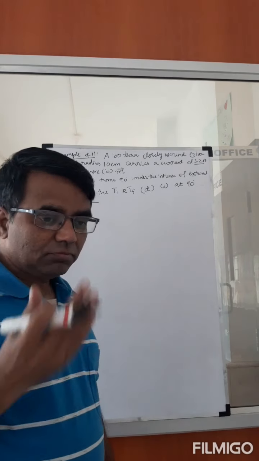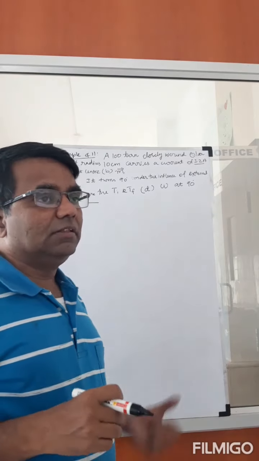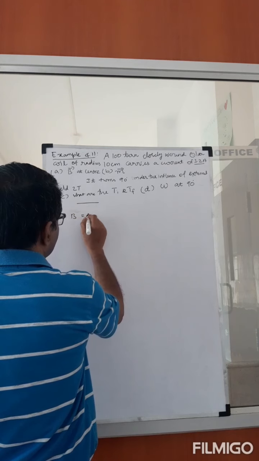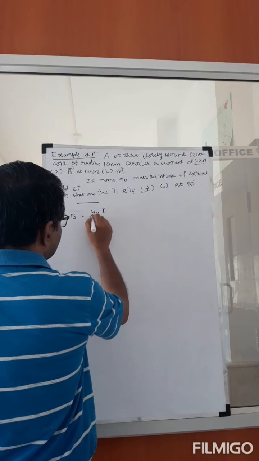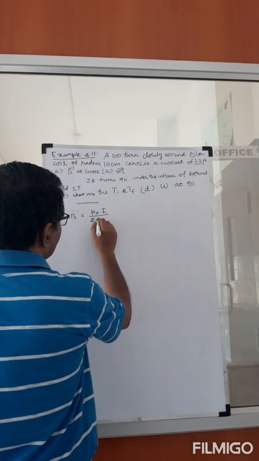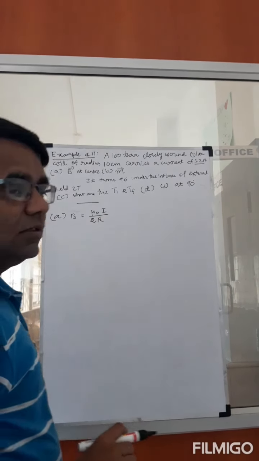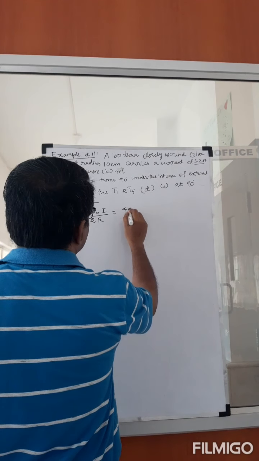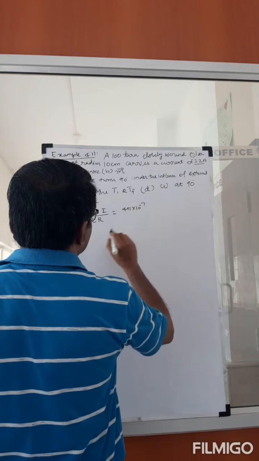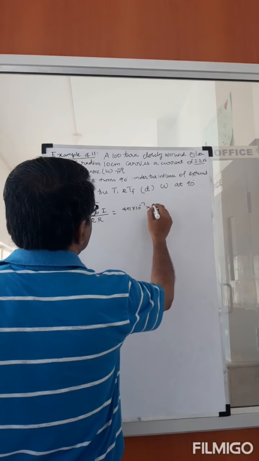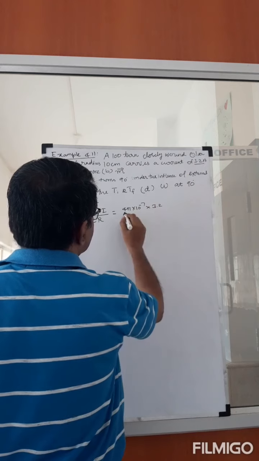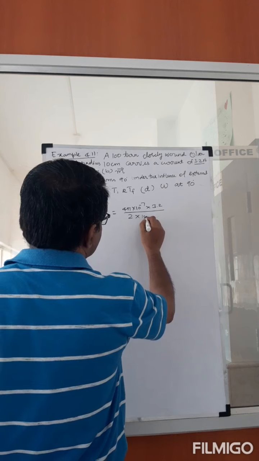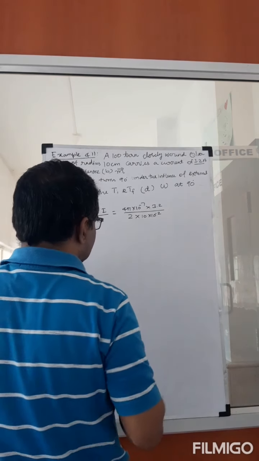For a circular coil, B at the center, we know the magnitude is given by the expression mu naught I by 2R. So mu naught is 4 pi into 10 power minus 7, into I is 3.2 amperes, divided by 2 into R, which is 10 centimeters, so 10 into 10 power minus 2. That's what you get here.